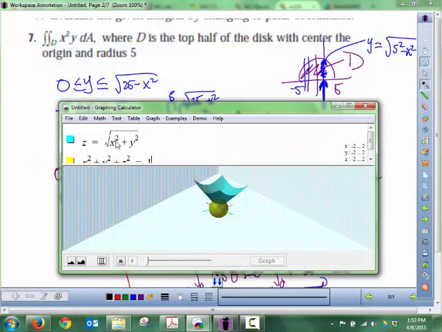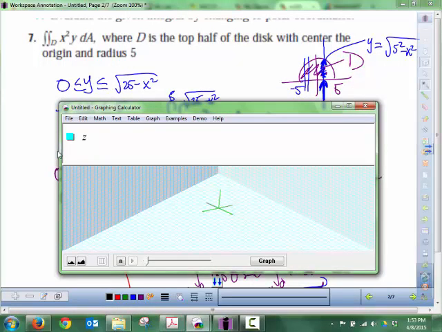So if I were to graph this, I would need to take a look at my z is equal to x squared times y. And then if I want to look at my flat on the xy plane, so this is a little trickier. Top half of the disk.